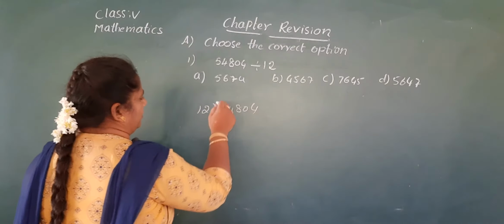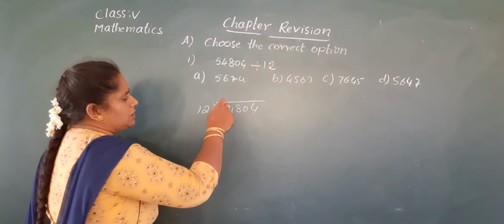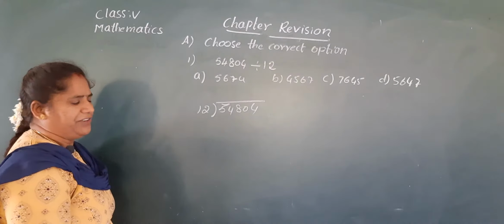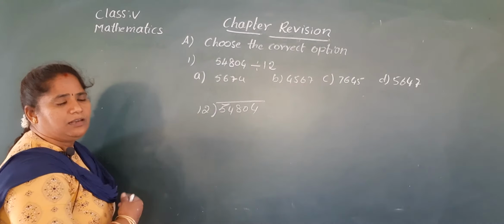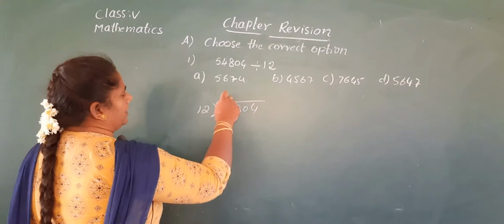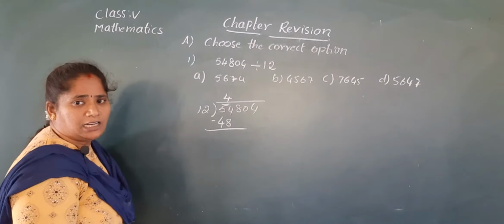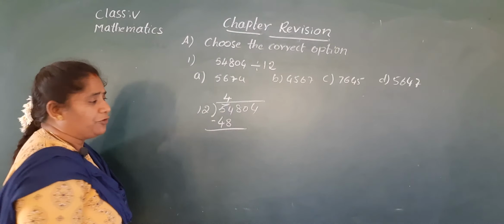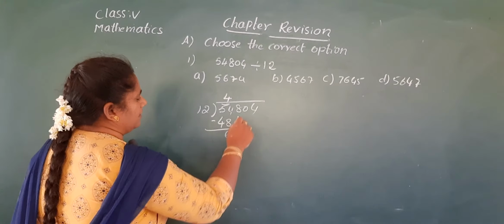Here the divisor has 2 digits, so you divide the first 2 digits, 54. What's the nearest number to 54 in the 12 table? 12 4s are 48. 4 minus 8 not possible. Take borrow. 4 becomes 14 and 5 becomes 4. 8 to 14 means 6.